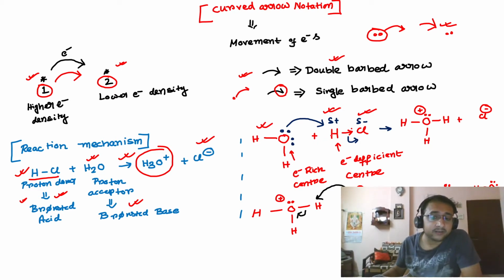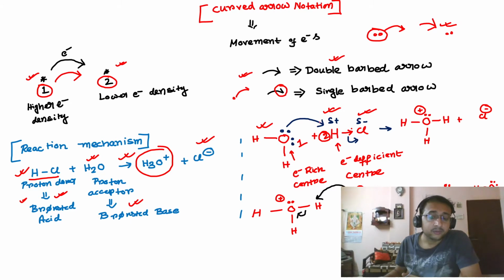Now we get point number 1 and point number 2. This is point number 1, which is the electron rich center, and this is point number 2, which is the electron deficient center. So there will be a transfer of electrons from the electron rich center to the electron deficient center. You can see that this oxygen atom donates one lone pair of electrons.